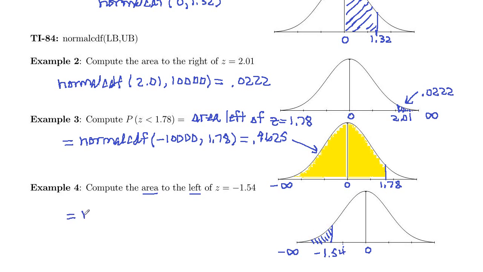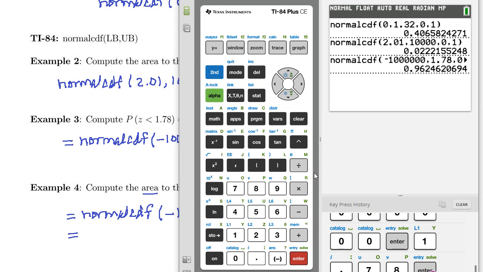So this is going to be normal CDF. And our lower cutoff, pick a big negative number like negative 10,000. And our right cutoff or upper bound, negative 1.54. Go ahead and key that in.